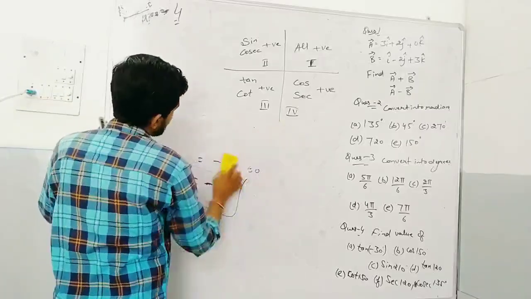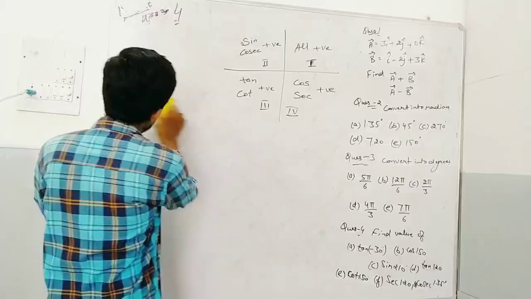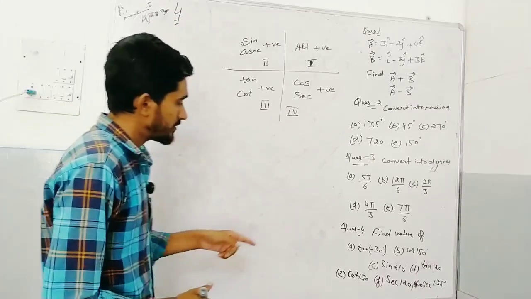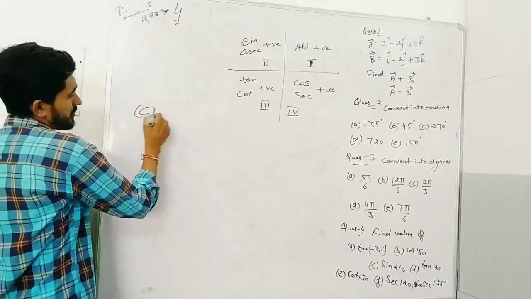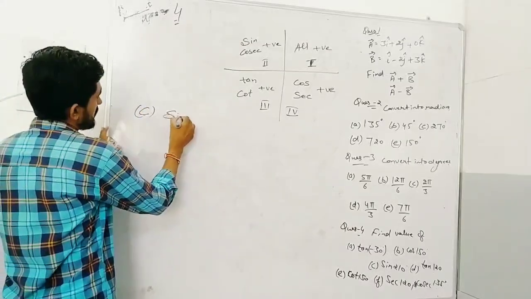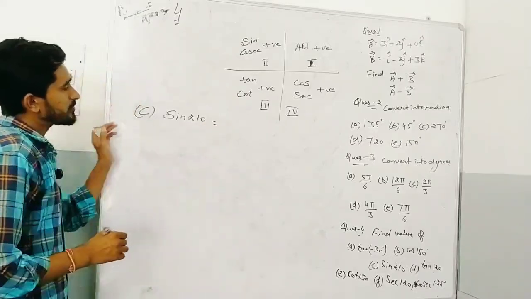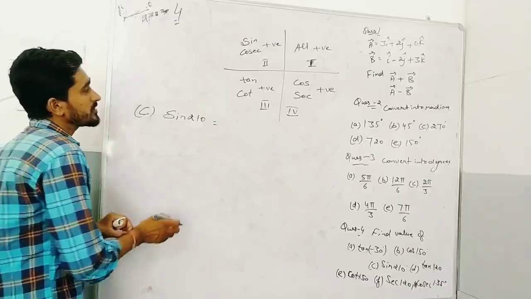Next part. For the next part we have C part, which is sin 210. Sin 210 comes in which quadrant? Third quadrant.